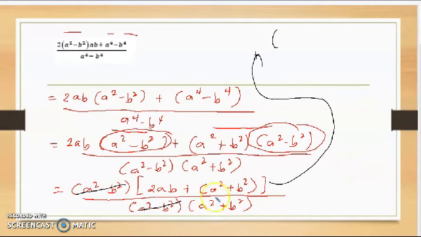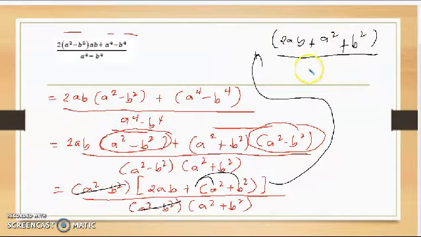So by using the distributive property in here, we have 2ab plus, so 1 times a square is a square, and then 1 times b square is b square. Then all over a square plus b square. Okay, that's it.